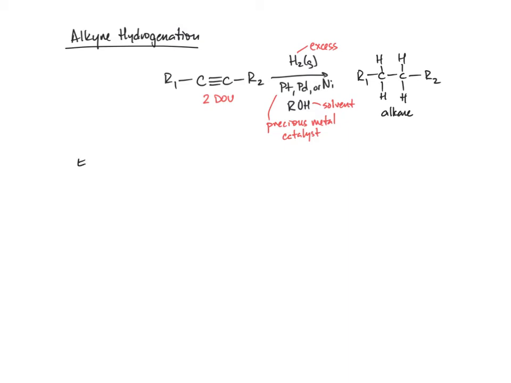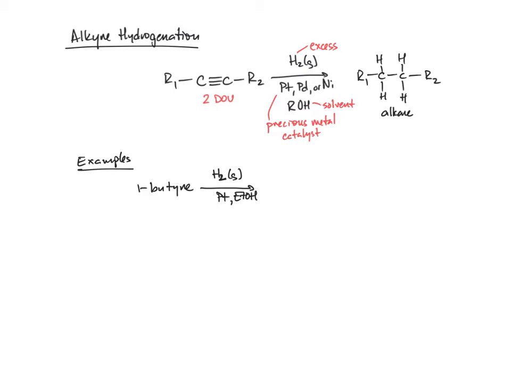So some examples of this. If we were starting with 1-butyne and we treated that with excess H2 gas, platinum metal, and ethanol. So again, this is a hydrogenation.